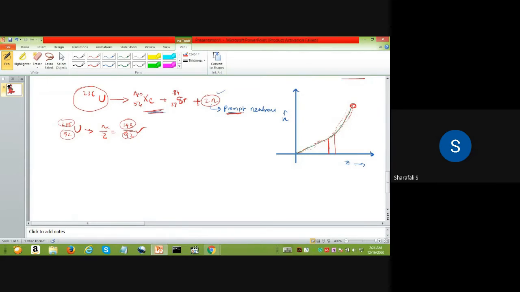So those nuclei will come after the fission reaction, and that ratio of proton to neutron will be the same. After fission, I'll just write it here: after fission, the ratio of N by Z.